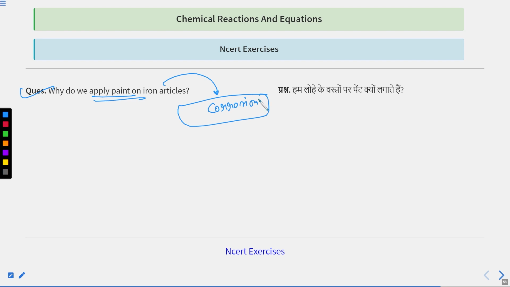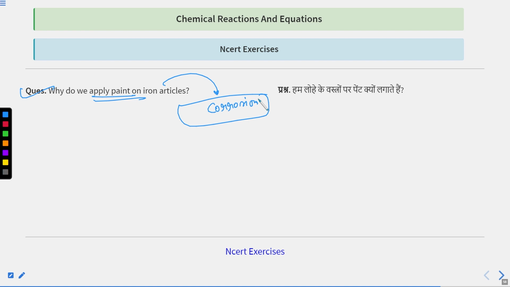Suppose this is an iron object, and a protective layer coating is coated on its surface. Then the attack of atmospheric gases like moisture and oxygen will not reach the surface of the iron object directly. So the iron object will not get rusted.